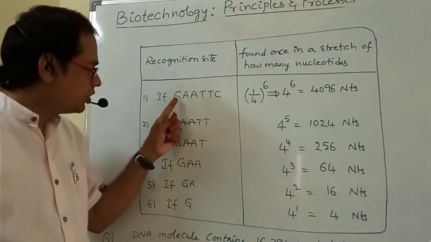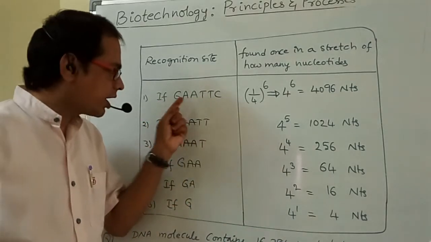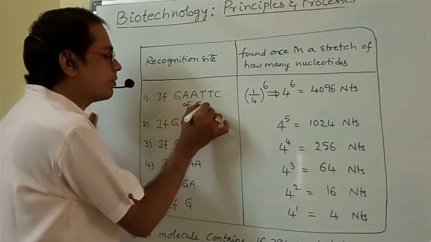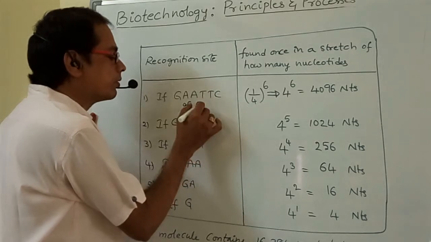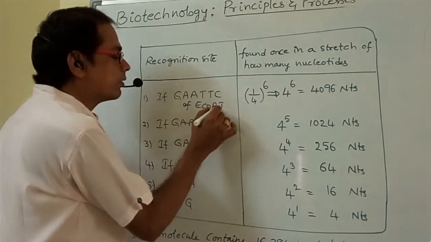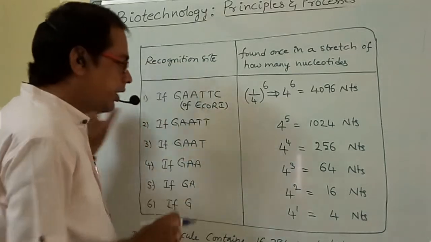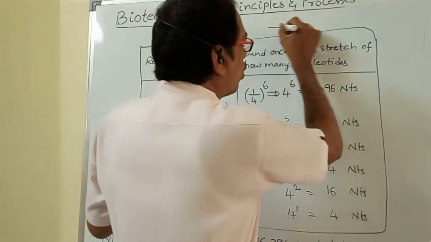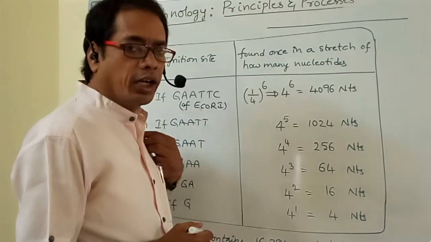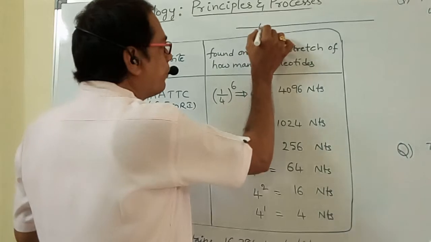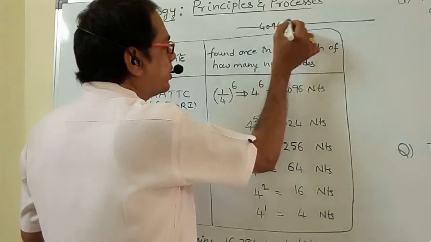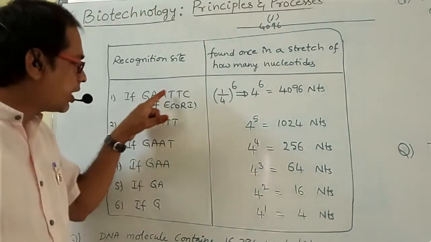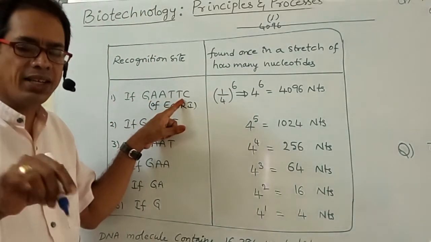If GAATTC is the recognition sequence of EcoRI, it will be found once in a stretch of, let us suppose this is a long thread of linear DNA, for every 4096 nucleotides.